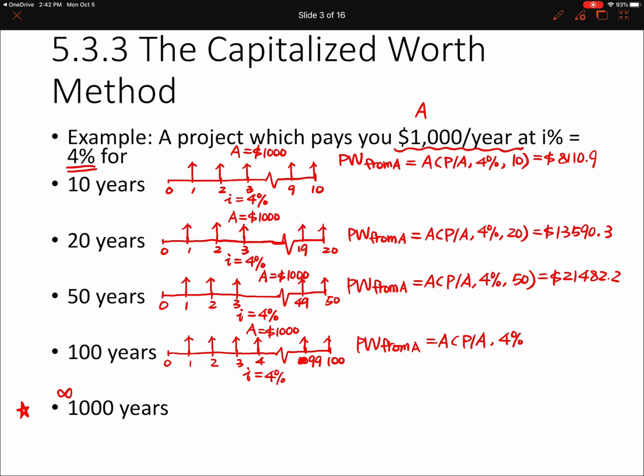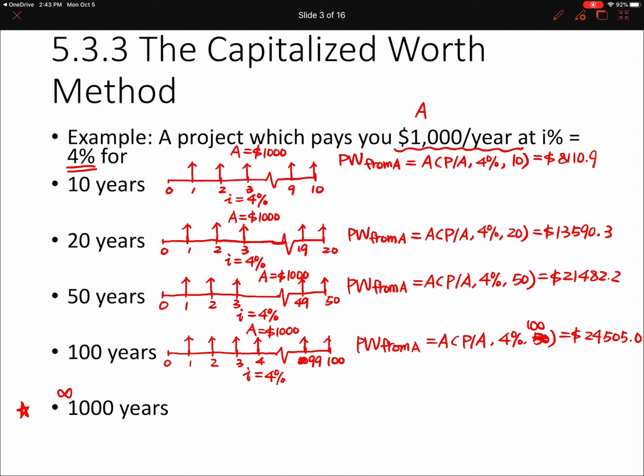So the PW from these annuities for 100 years is going to be A times (P/A, 4%, 100). Luckily, in the interest table, your last row gives you the factor value for n equals 100. If you use that value, you're going to have 24,505.0.